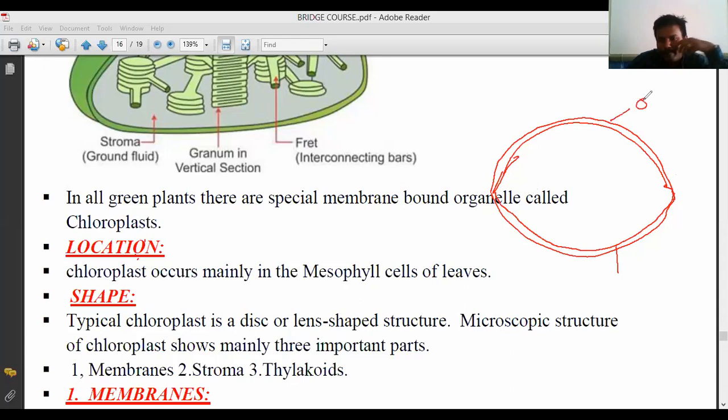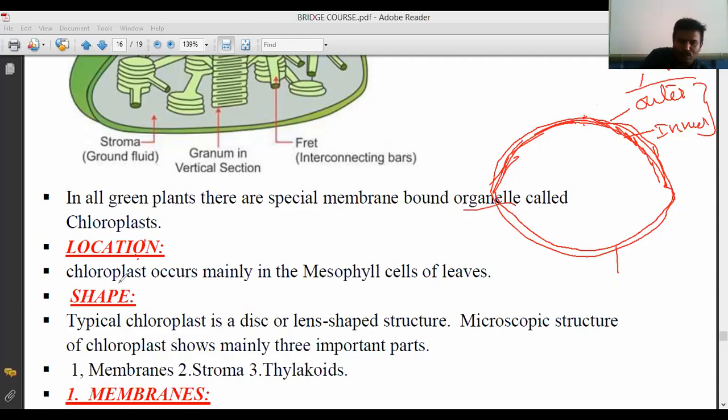Both the outer membrane and inner membrane are made up of lipids. Membrane bound means these two membranes are held together. That bound organelle is called chloroplast.